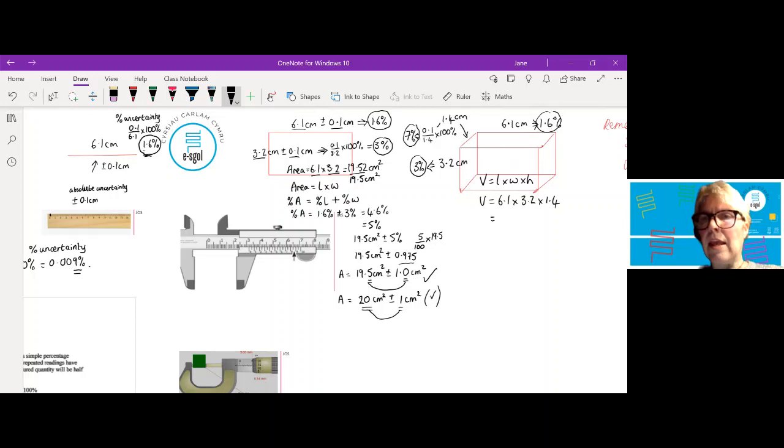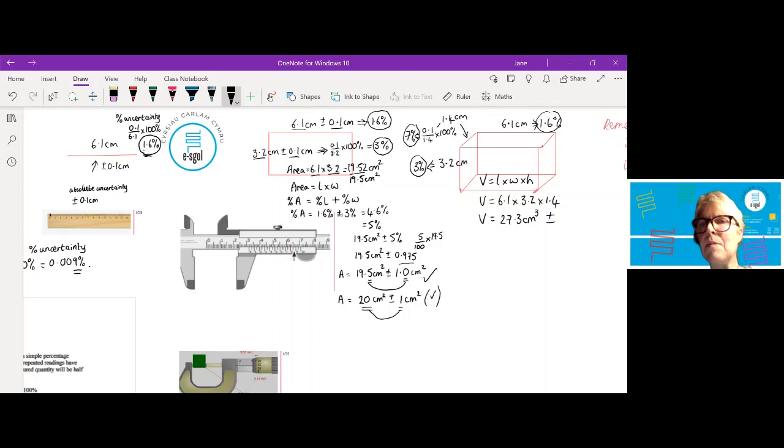The volume here is 27.3 centimetre cubed. I'll keep it in 3 significant figures. I can always come back down to 2 significant figures, but while I'm working things out, I'll have one more, and then I can see which way to go at the end. So plus or minus.